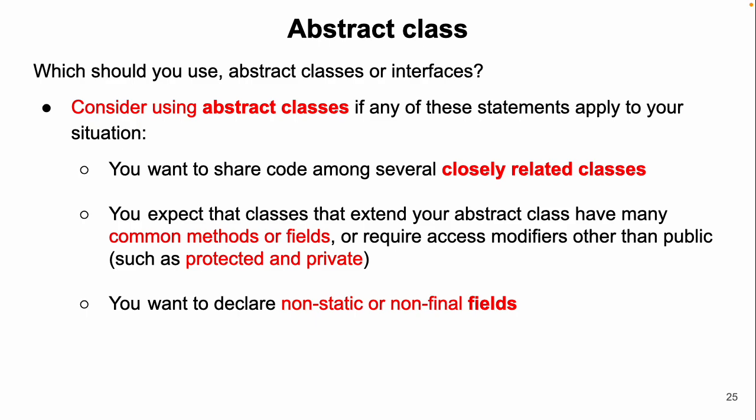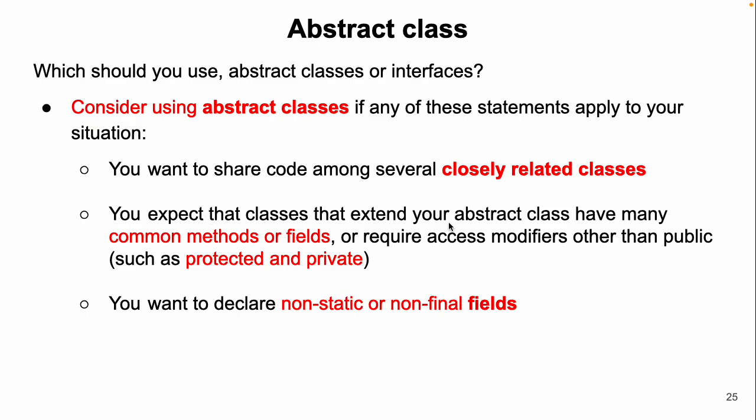These four classes are all closely related classes, yes or no? When I want to share code among these types of classes, I can create the parent class, that means the Student class, as an abstract class, and I can implement the abstract methods declared in the parent class in the subclasses.